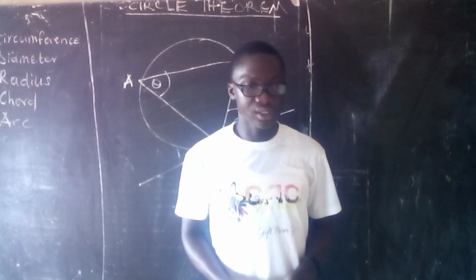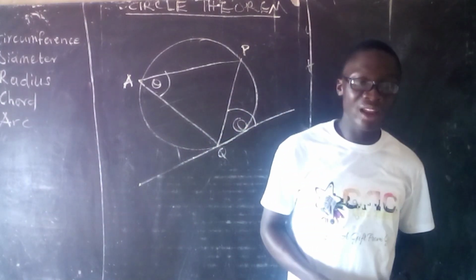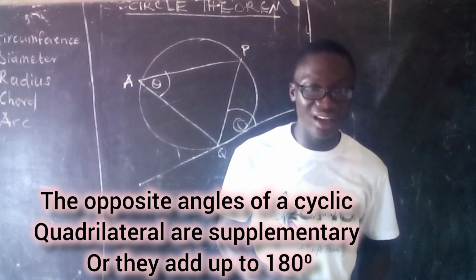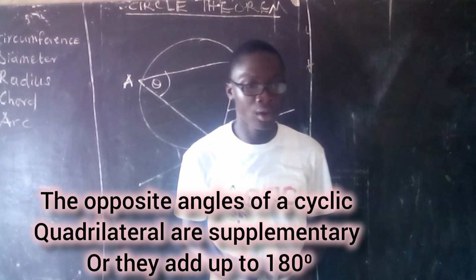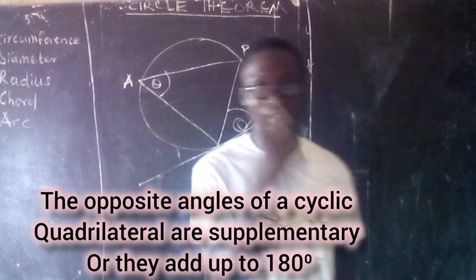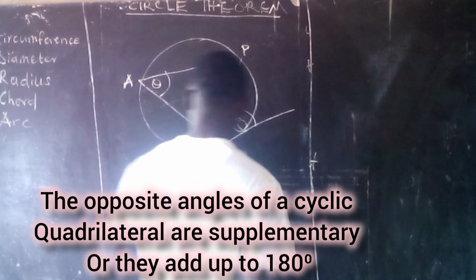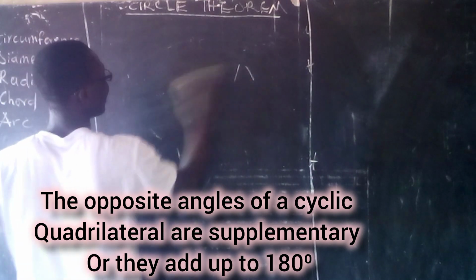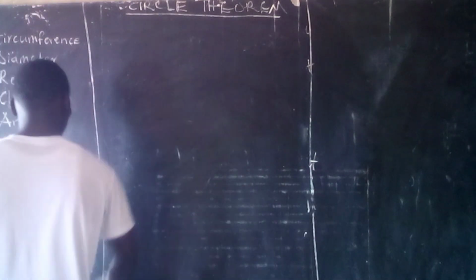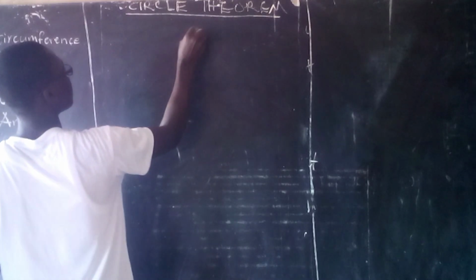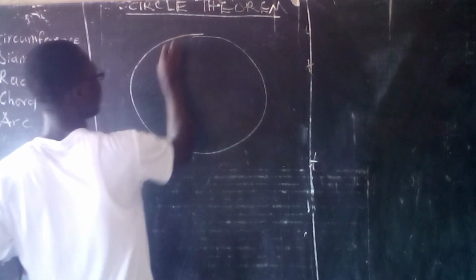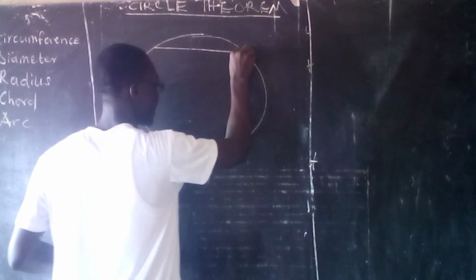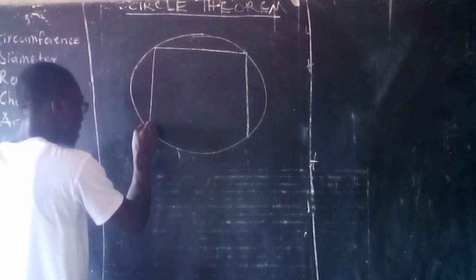Now, let's continue. And then the final property: the opposite angles of a cyclic quadrilateral are supplementary, or they add up to 180 degrees. So we have a circle with a cyclic quadrilateral.